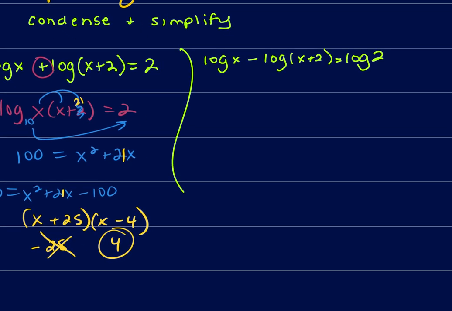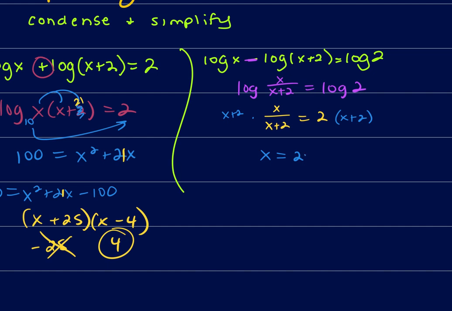And then on the right-hand side, same start, you have to condense. When we condense, it's a minus this time, which means it'd be log of x over x plus 2 equals log of 2. And now there's a log on either side of the equal sign, so we use the one-to-one. X over x plus 2 would equal 2. I'd multiply by x plus 2 on both sides.